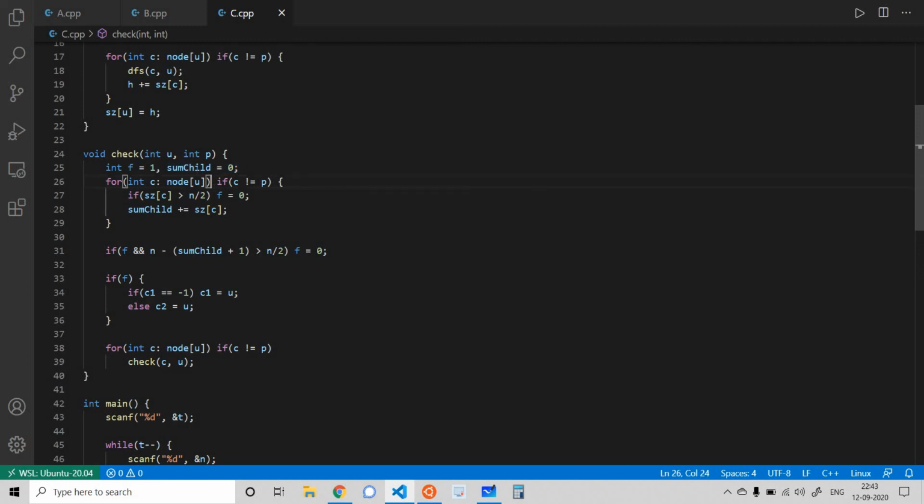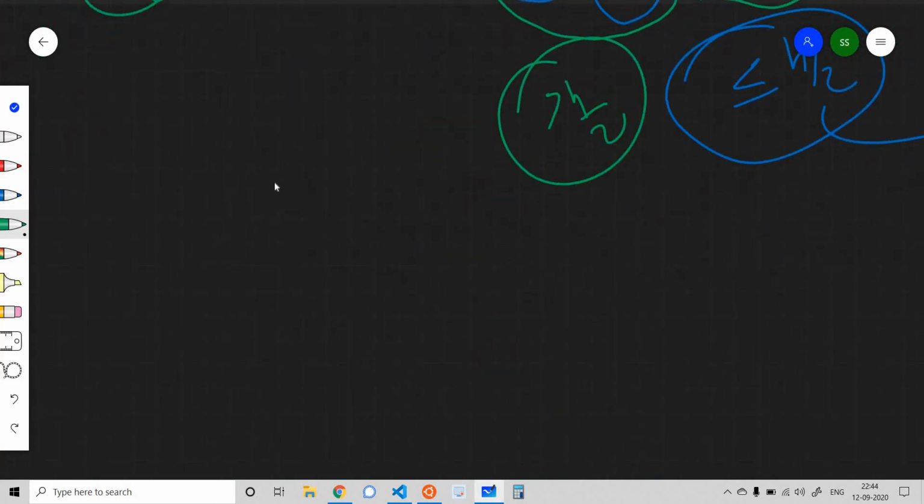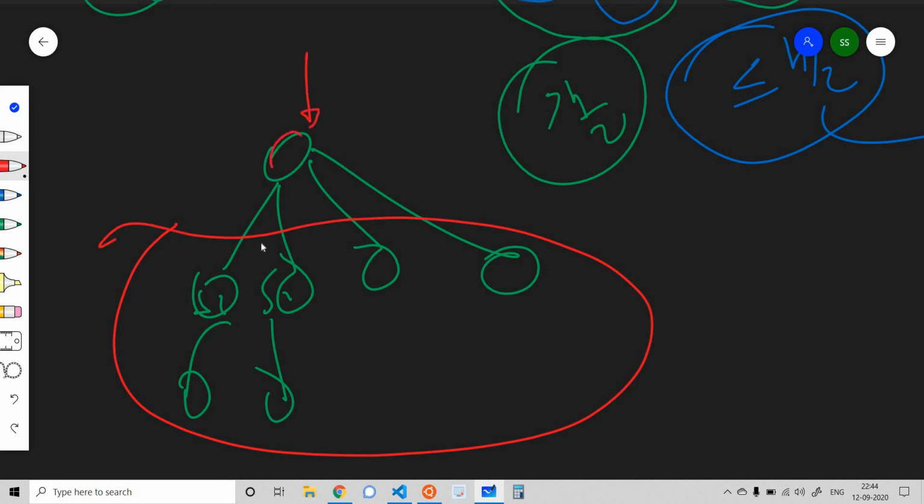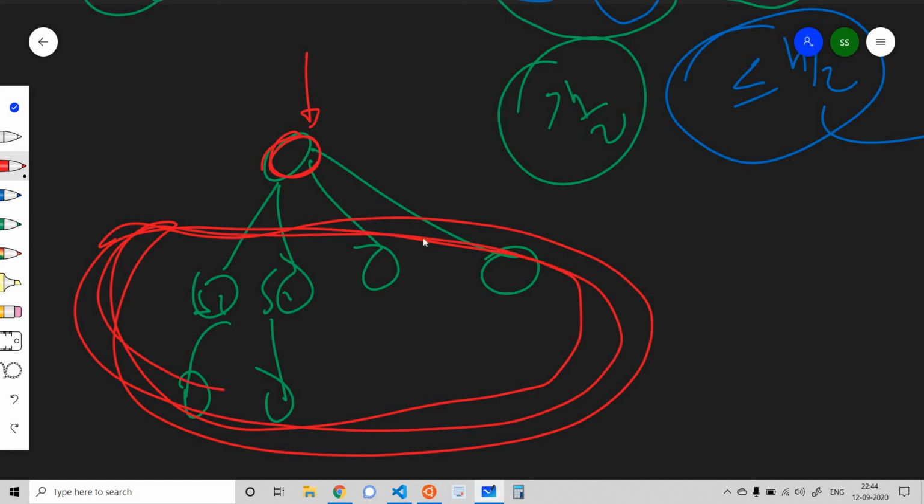But yes, let's understand this code. What I am doing is sum child. I'm finding out the total number of nodes present in its children subtrees. For example, the sum child will contain the sum of all these nodes for this one. For sum, that is the total number of nodes I'm having in all these subtrees.